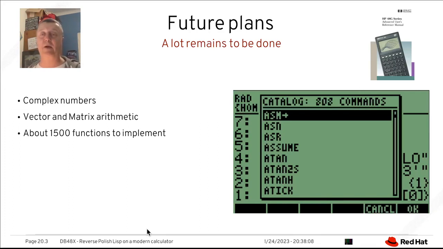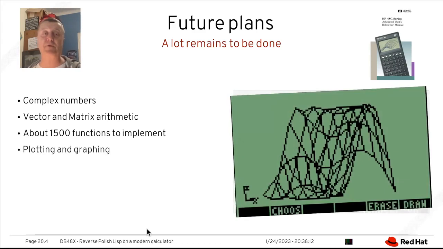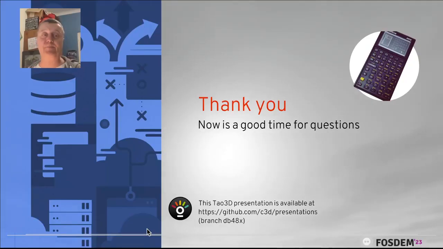So there is some work that remains to be done also even on existing functions. Plotting and graphing is a key feature of these calculators. So I'd like to have that. The HP50G is quite advanced in that respect, and getting to the point where we have feature parity is going to take a lot of time.